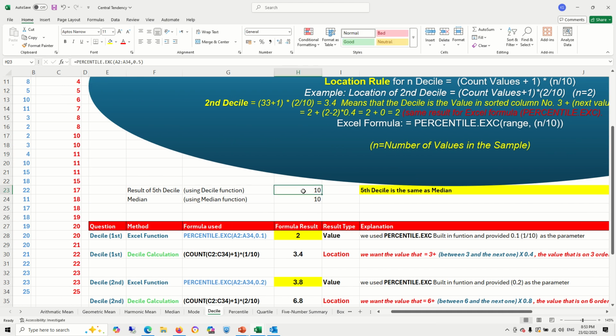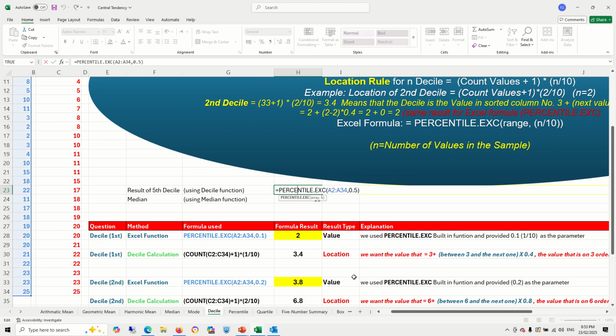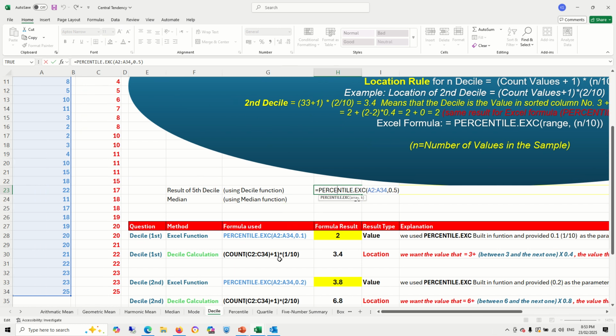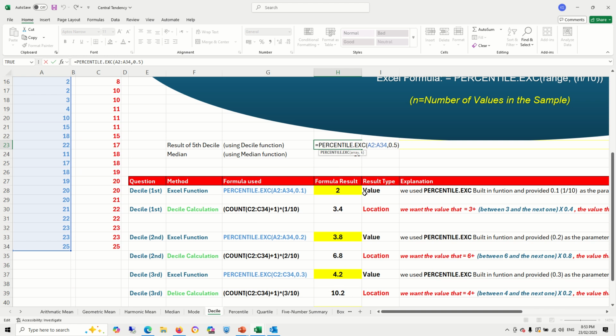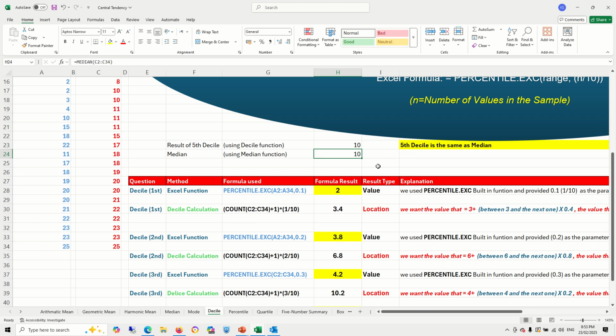So here, if we apply the Excel formula to get the fifth decile, that will equal percentile.exc, open bracket, then as you see, highlight the whole range, comma, 0.5. This will give us 10 as a result.